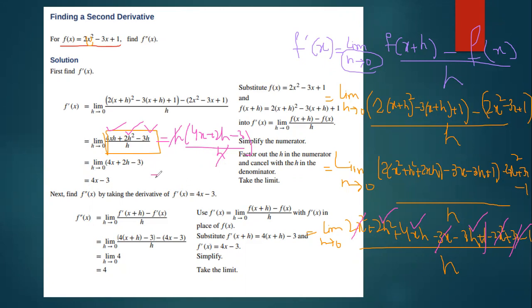So it will be limit h approaches to 0 of 4x plus 2h minus 3, where h will be 0, so it will be 4x minus 3. So this is the answer when applying limit h equals to 0.